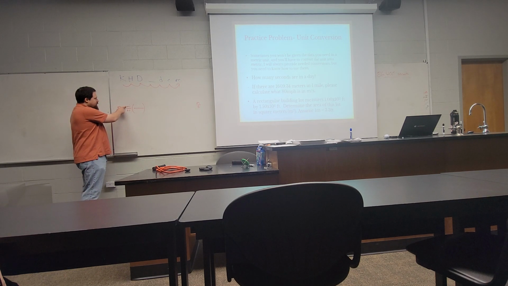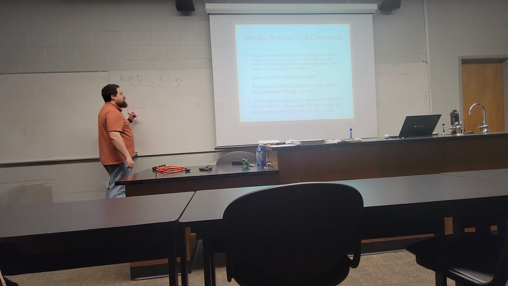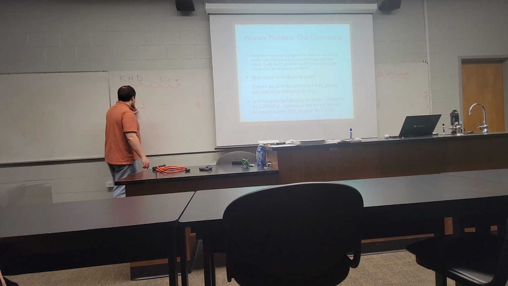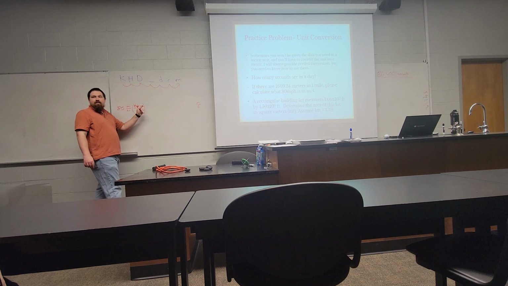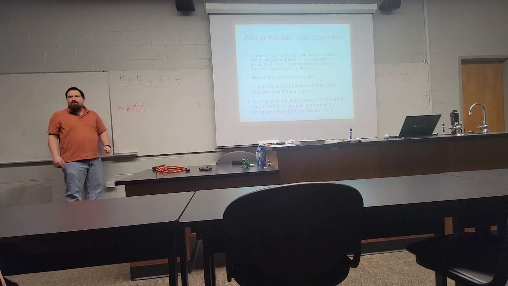Our original unit has miles on the top, so we need to make sure that when we write our fraction, the miles part of it goes on the bottom and the meters part goes on the top, so that the old miles cancels with this and leaves us with meters in the numerator. This is probably the part of this method that might trip people up the most, making sure your fraction is stacked correctly. You always want to cancel out the unit you don't want and leave behind the unit you do want. Does that sound all right?